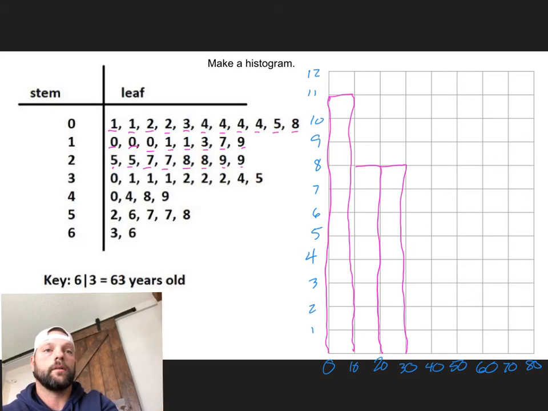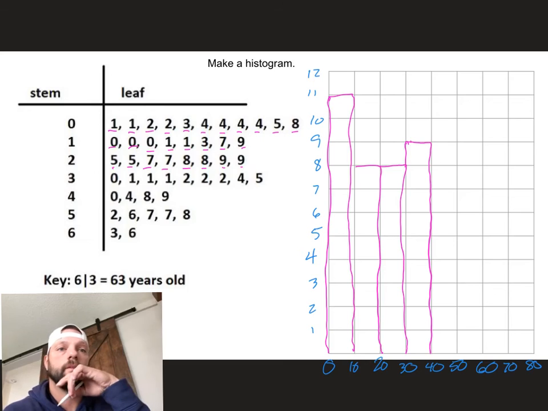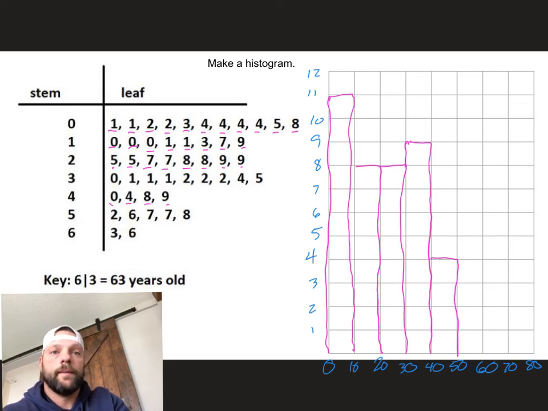My 30s is going to be 9. So I just use that based off of what I had for the previous one. 40s, 1, 2, 3, 4. And then we have our 50s, which is going to be 5. And then finally we're at the 60s, which is 2.